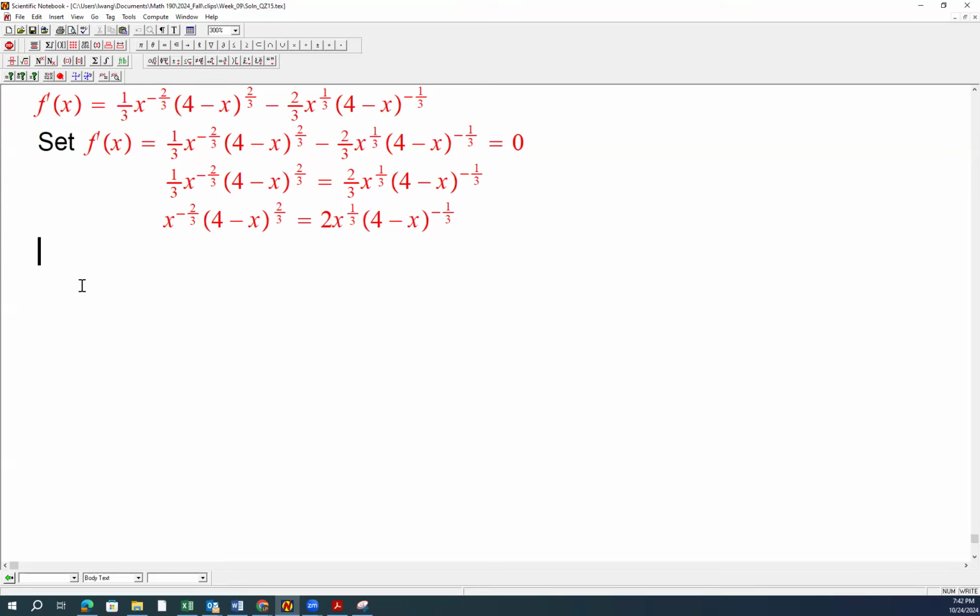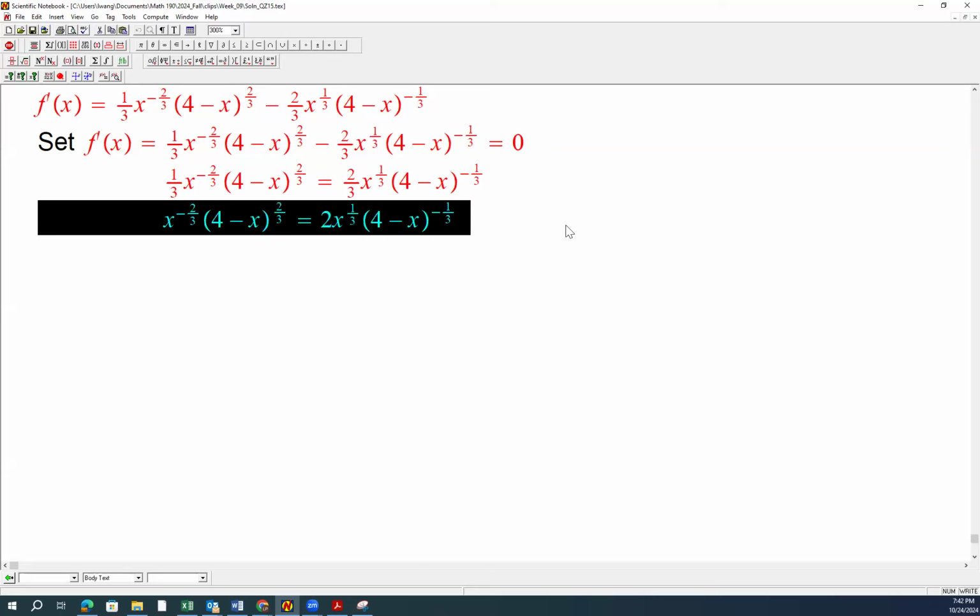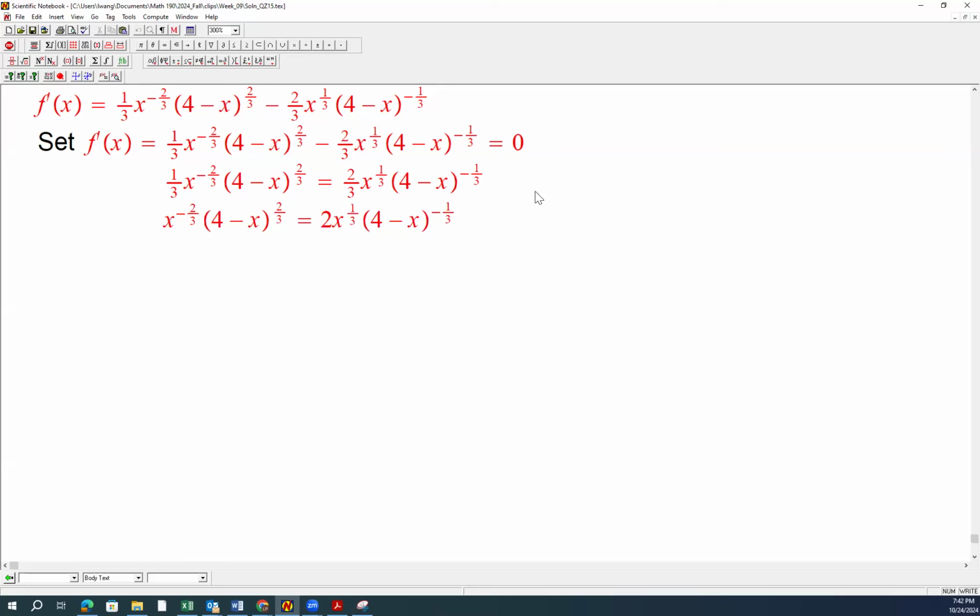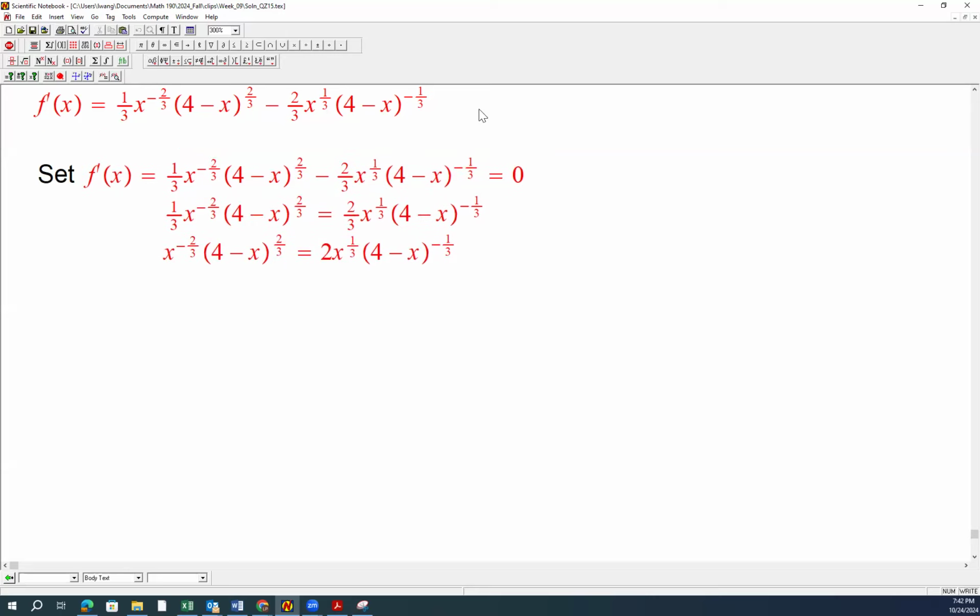All right. So now, first of all, we actually can determine the domain from here. Why is that? Because first we have x raised to the power negative 2/3.